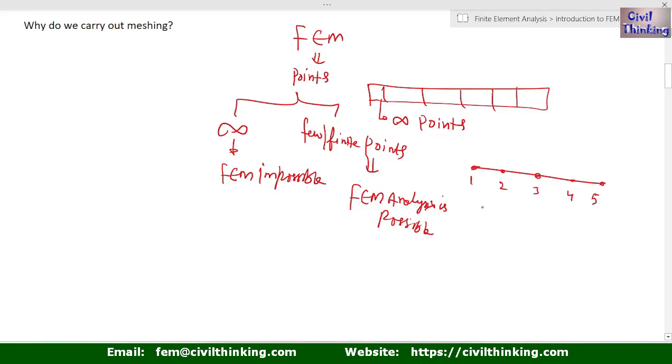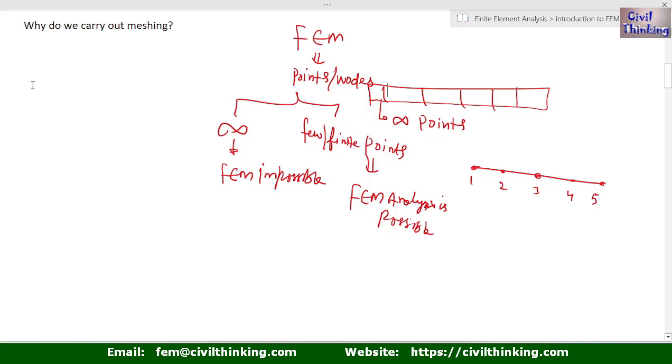In the finite element method we find the results on points or nodes, because it is point based or node oriented. Because we get a finite number of points, the FEM analysis is possible.